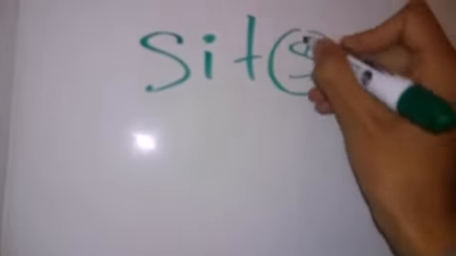So guys, for most verbs in third person, we have to add an s to the infinitive form. For example, the verb sit, in third person we add an s.